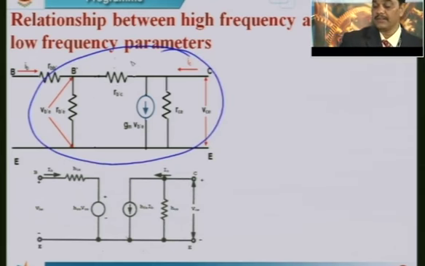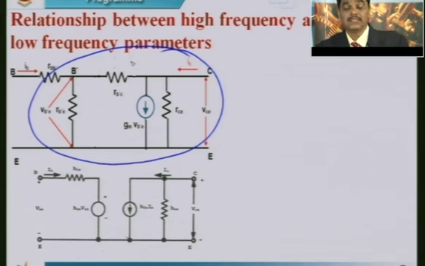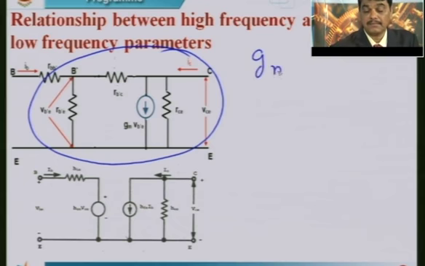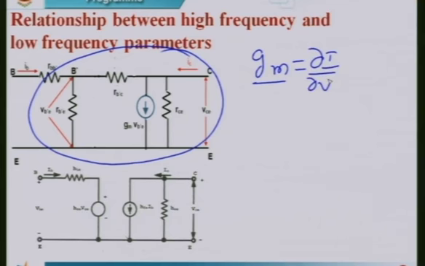Now we can relate them. To do so, first we have to find the transconductance g_m. The transconductance g_m is nothing but the change in the output current with respect to the change in the input voltage. Therefore, this can be defined as delta I_C divided by delta V_B'E.